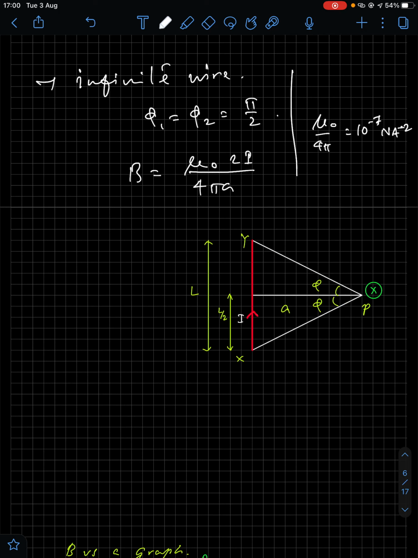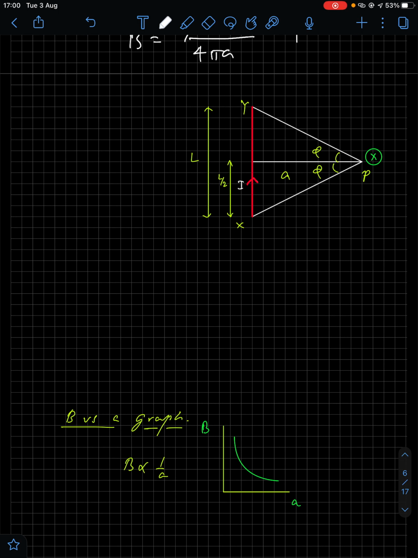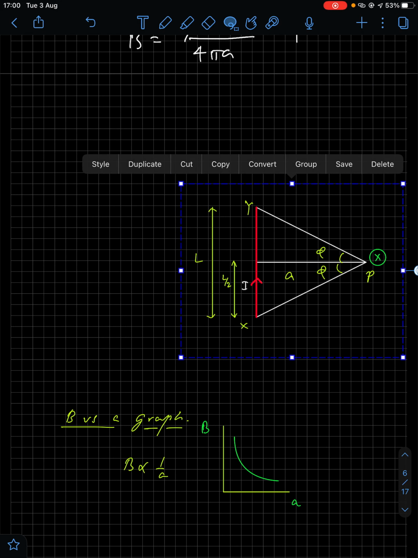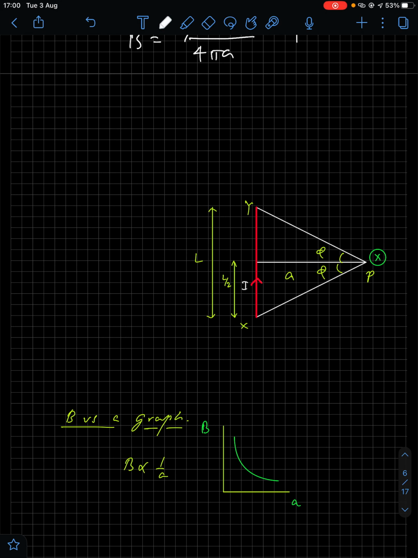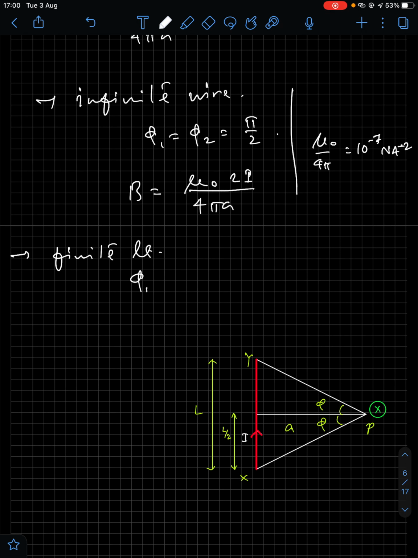Now if the conductor is of finite length, then phi 1 equal to phi 2 will be equal to phi. You can see here this wire is of finite length L, and A is the perpendicular bisector, of course.